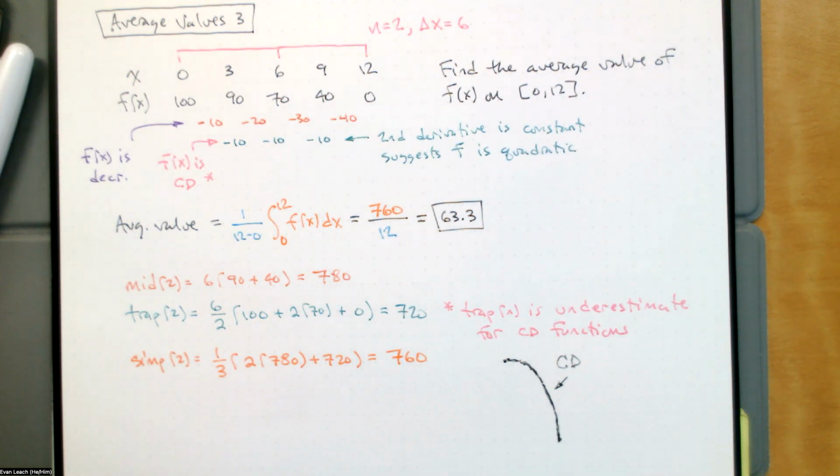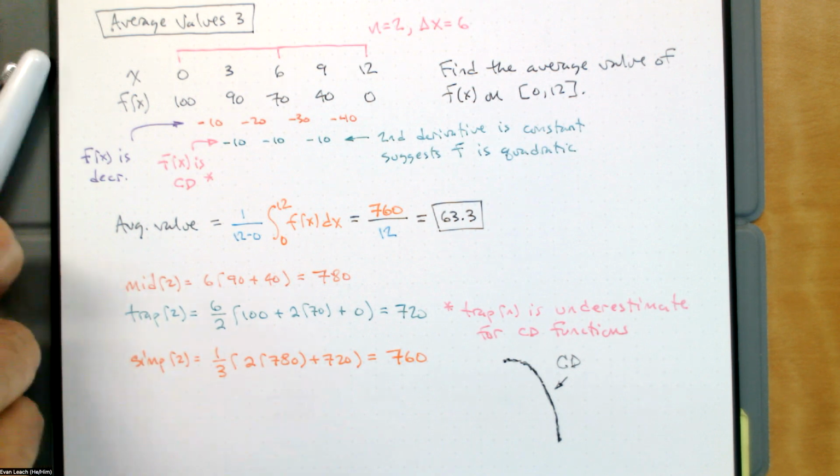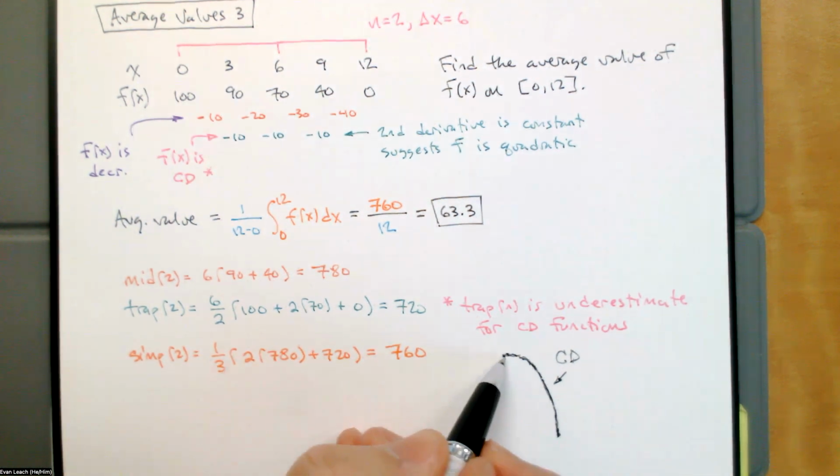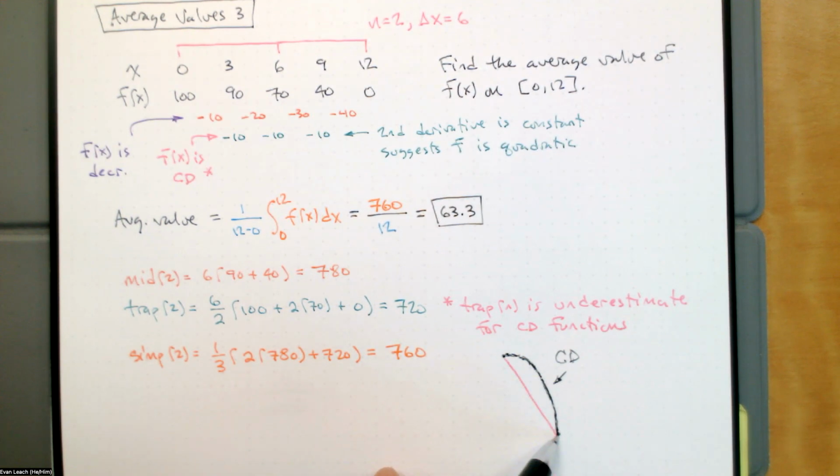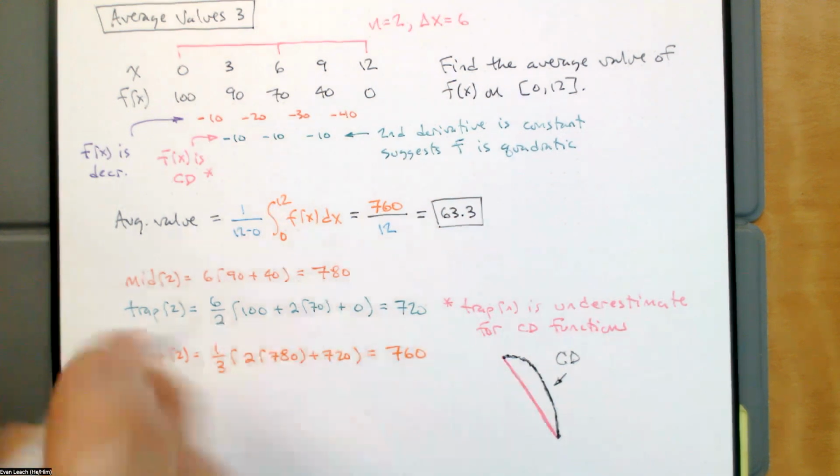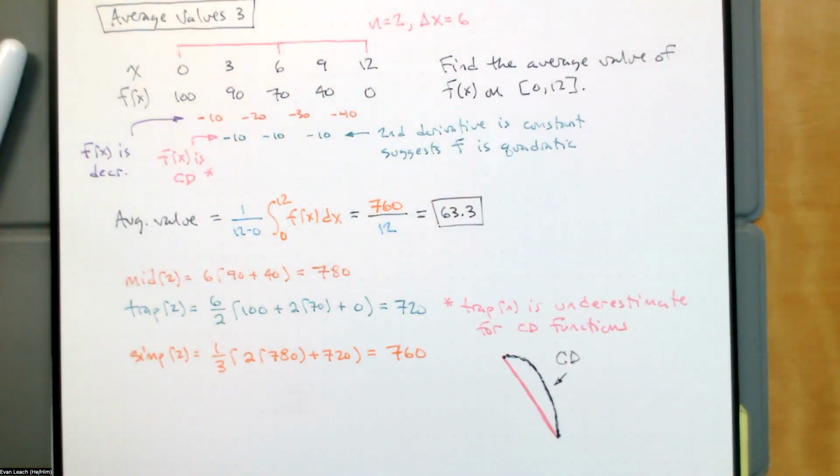And if I connect the endpoints with just a line like we do in the trapezoidal rule, we can see that we're going to have an underestimate of the area.